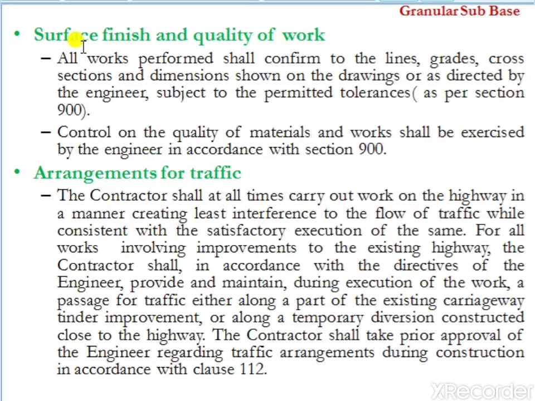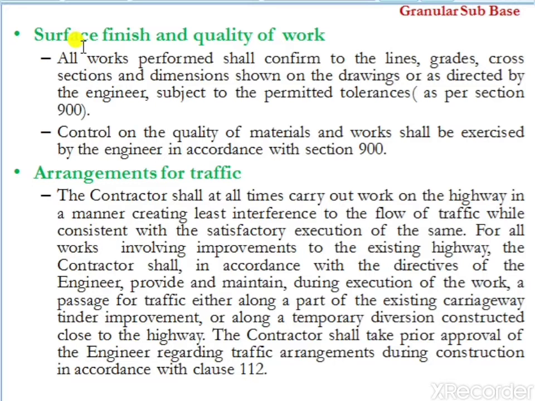The contractor shall at all times carry out work on the highways in a manner creating least interference to the traffic flow while consistent with the satisfactory execution of the same.